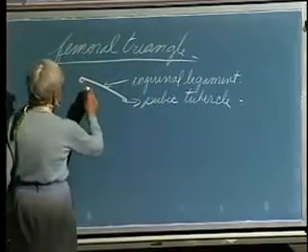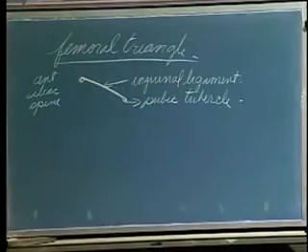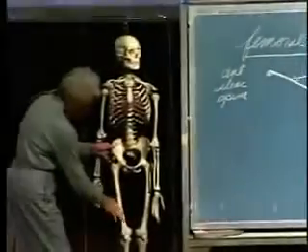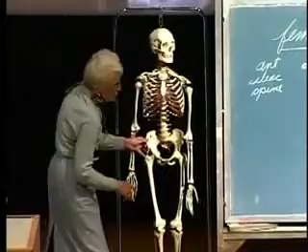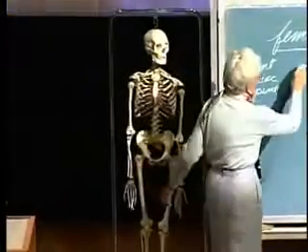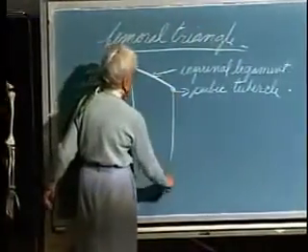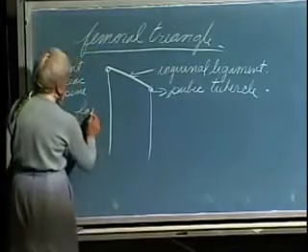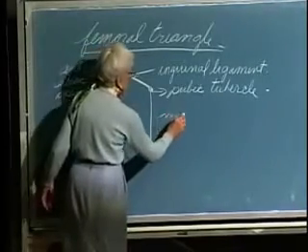And since we know this is the superior aspect of the muscles of the anterior thigh, we can put a line here and a line here, and this will be lateral, and this will be medial.